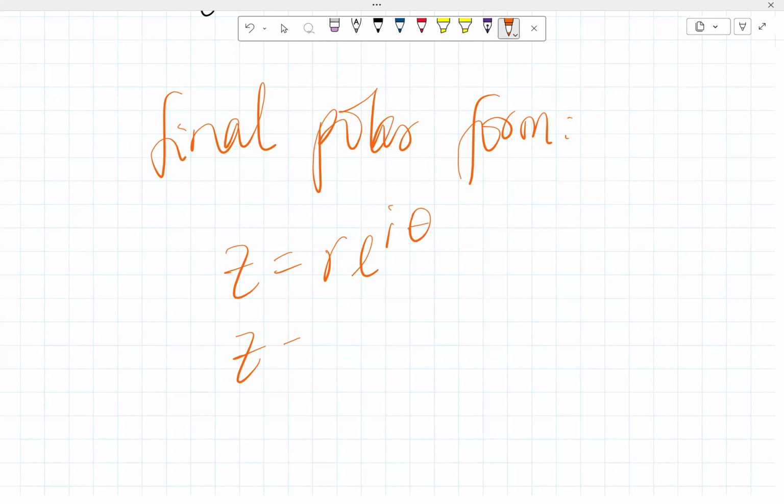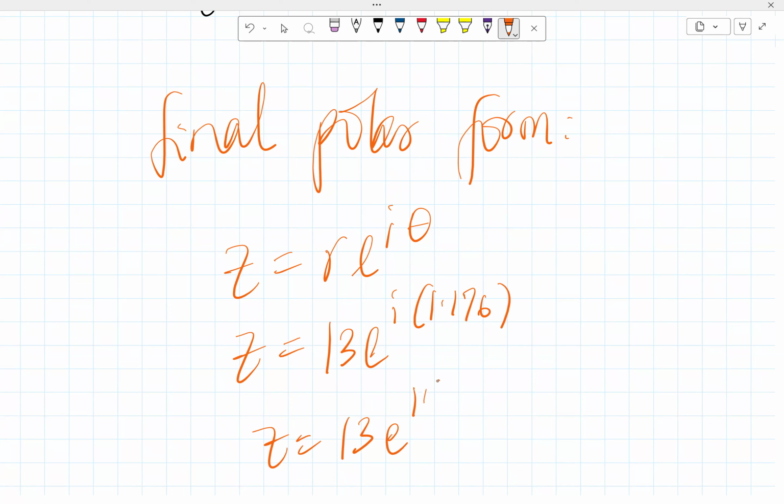That means we have z equals 13 e raised to power i, where theta is 1.176. So z is 13 e raised to power i 1.176, like that. So that actually takes care of that problem.